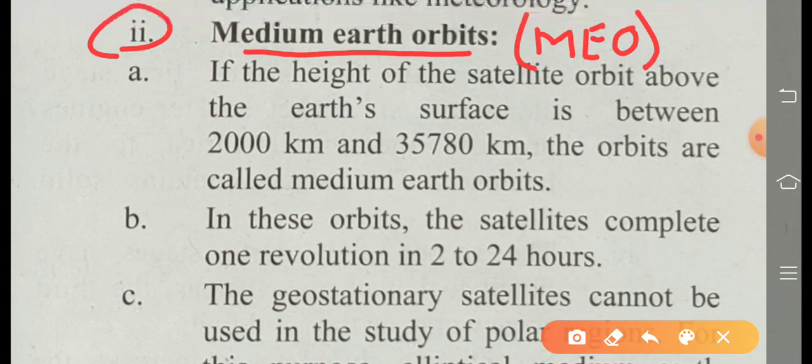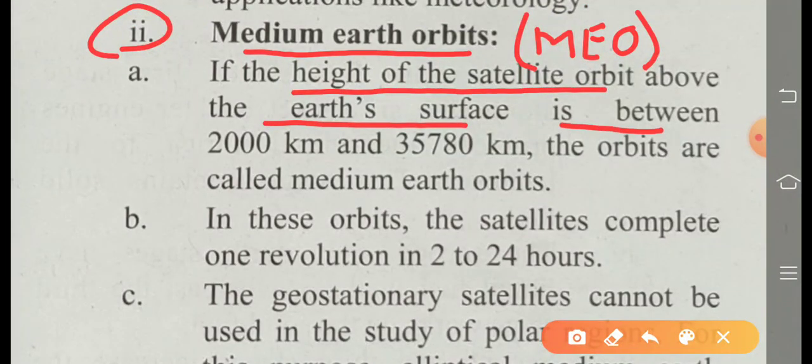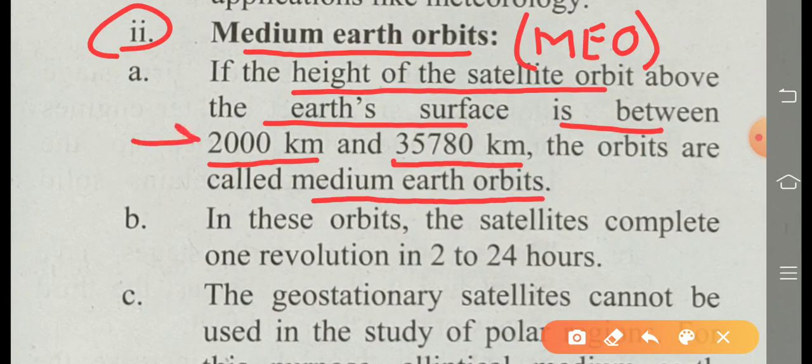If the height of the satellite's orbit above the Earth's surface is between, underline, 2000 km and 35,780 km, those orbits are called what? Medium Earth orbit. So remember this range. The orbit in this range is called medium Earth orbit.